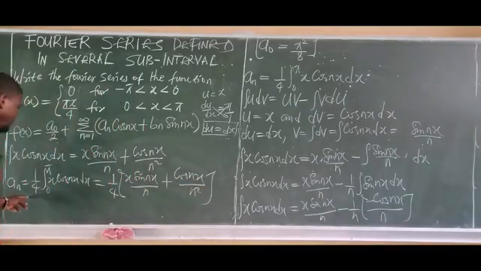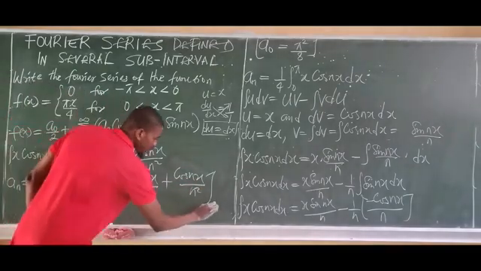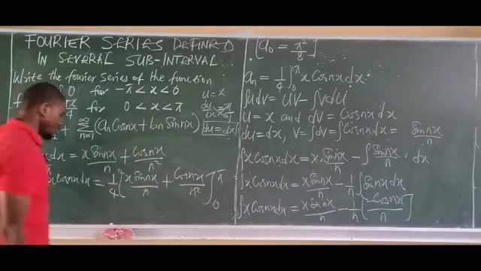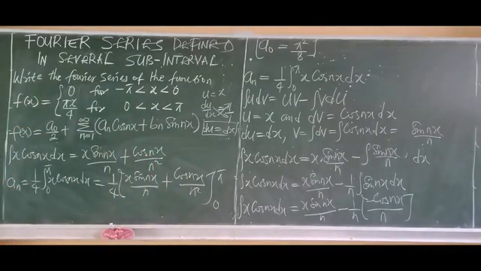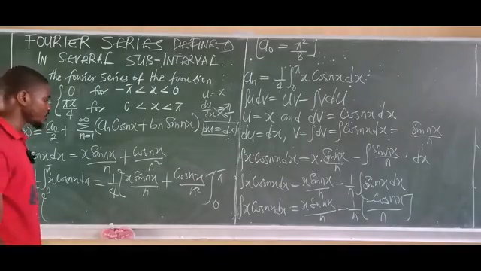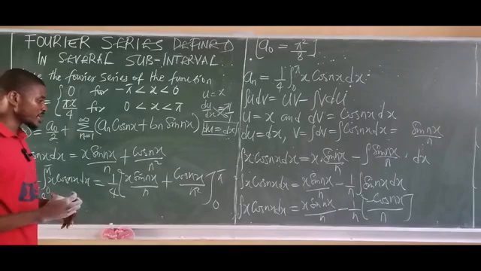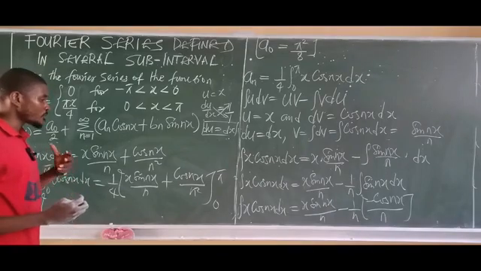Now you put in your limits from 0 to pi. So an is now equal to 1 all over 4 into, let's put in all the limits, upper limits minus lower limits. So I will join them all together. Wherever you see x, put in the upper limit minus the lower limit.